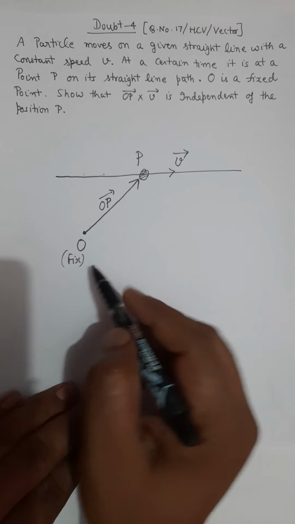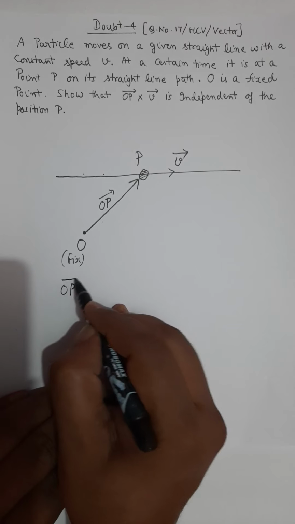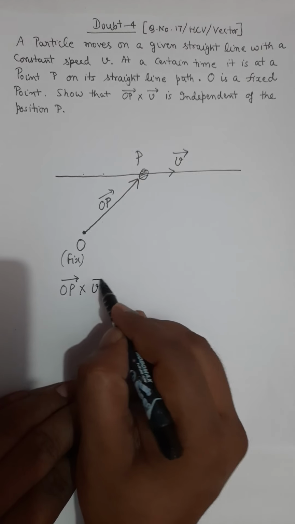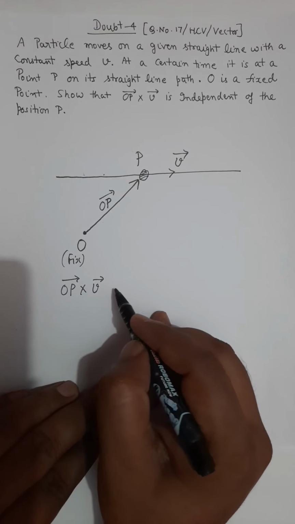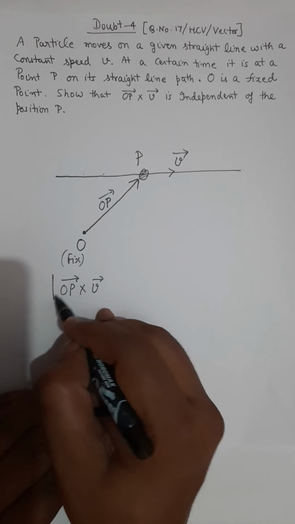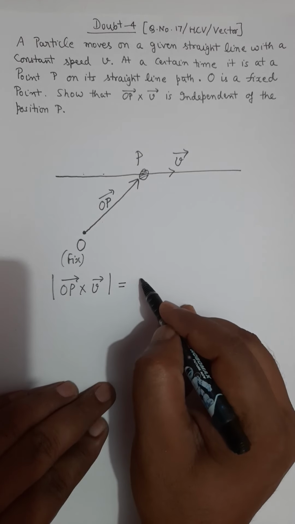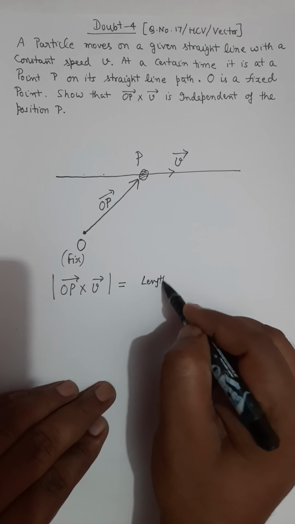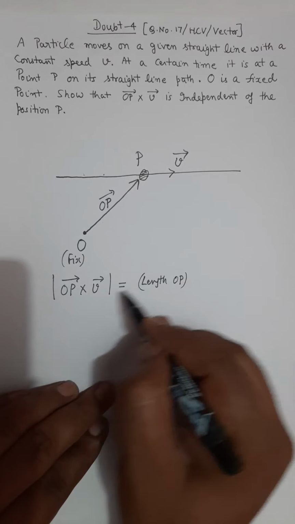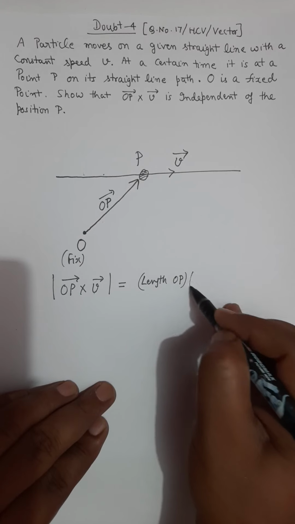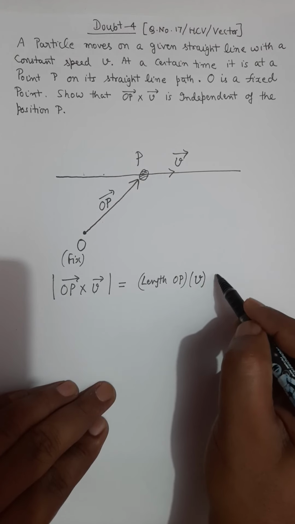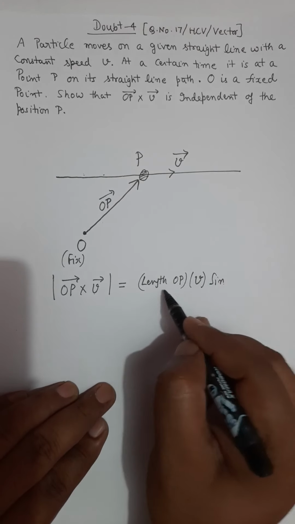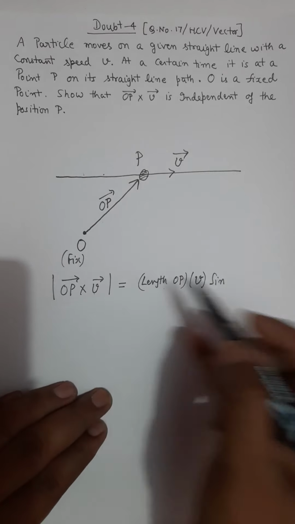Now if you take OP cross V, then its magnitude will be the length of OP, the magnitude of V, and sine of the angle between these two vectors.